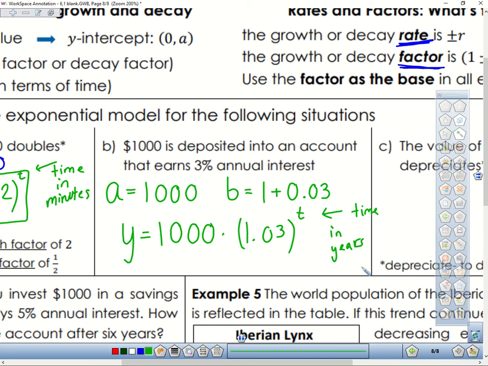Are we talking about minutes, hours, years, seconds? Because when you plug in for t, you need to account for that. If you say you want to find out how much you earn after 37 days, you can't plug in 37 because it's set up for years. So you have to make sure you know what that t represents in the question to plug it in appropriately. So this would be your answer for this question.